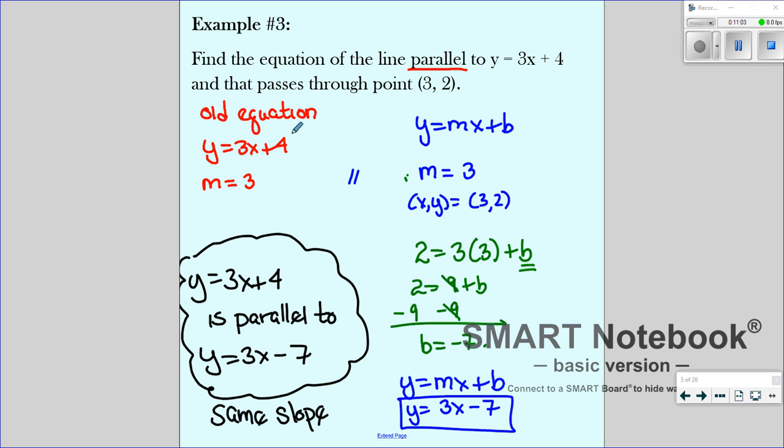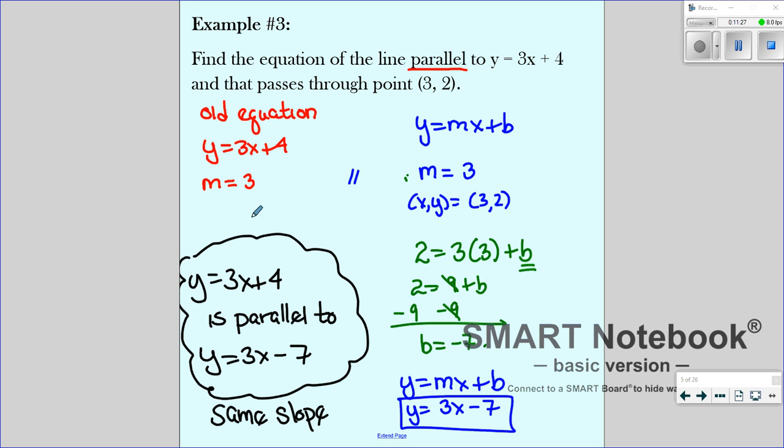Parallel slopes are the same, and perpendicular slopes are the opposite reciprocal. If you have that information and the other information they give you, then you're using everything you learned in the previous lesson to find the new equation of a line that's either parallel or perpendicular. So again, nothing new, you're just adding another step to it, based on the information they gave you.